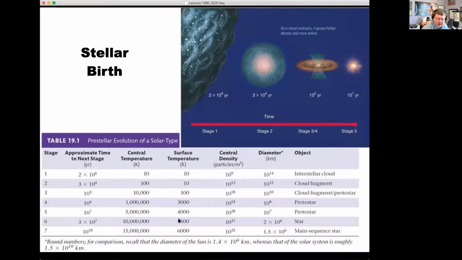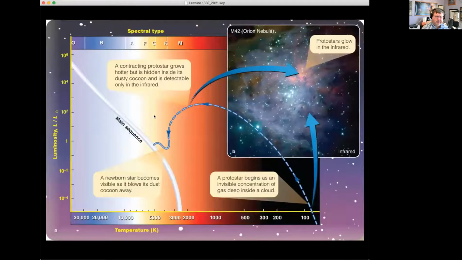This is what we observe. When the central temperature reaches 10 million degrees, then a star is born. What we have is nuclear fusion sets off hydrogen to helium, and it now glows not by gravitational collapse, but by thermonuclear fusion at its core, which is the way our sun shines. In fact, all stars shine by thermonuclear fusion at their core.